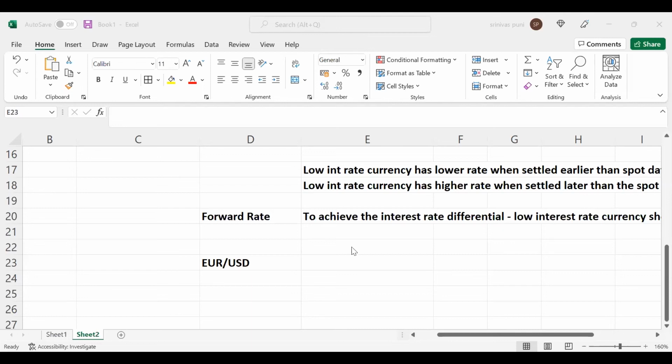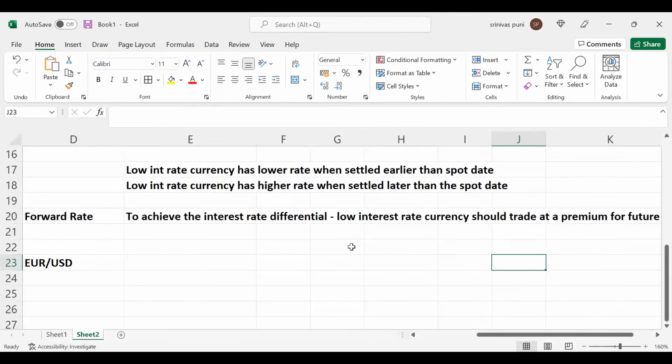Theoretically, if you go strictly by theory, to entice people in the market to sell the low interest currency for a future date and buy the high interest currency for a future date, it is obviously a loss making proposition because the interest rate cost will be there.